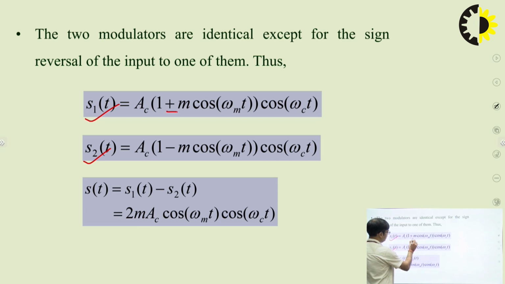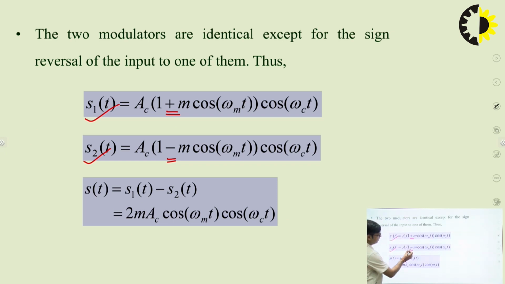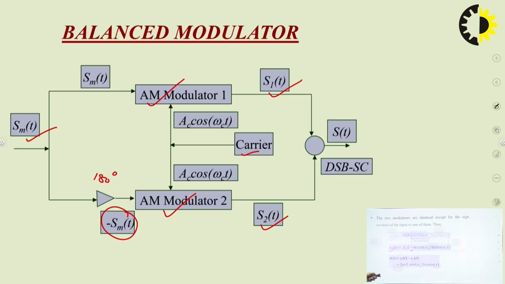The difference between s1(t) and s2(t) is the sign, because of the 180 degree phase shift of the modulating signal fed to amplitude modulator 2. So in s2(t) we have a negative sign and in s1(t) we have a positive sign. These are the two signals we obtain at the outputs of modulator 1 and modulator 2.